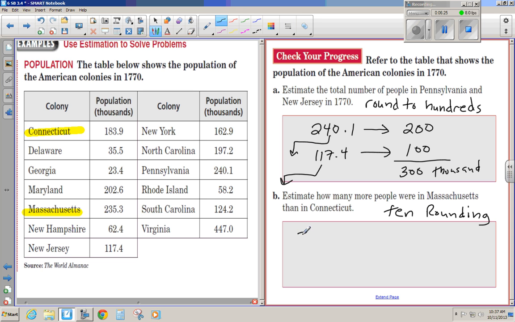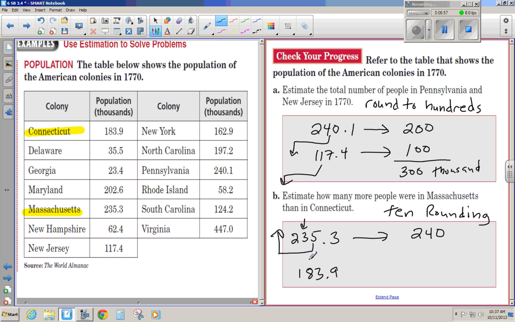Massachusetts is 235. That rounds to, let's see, we're rounding to the tens spot, and it's 5 to the sky, so that's 240. Connecticut is 183.9.